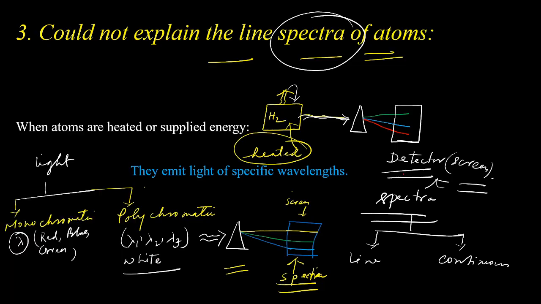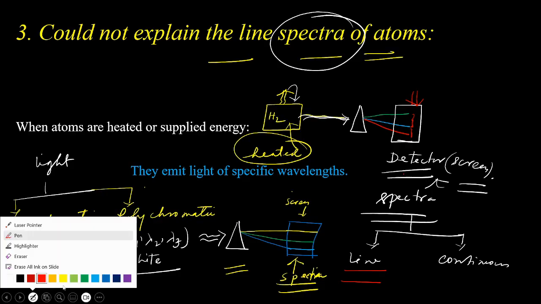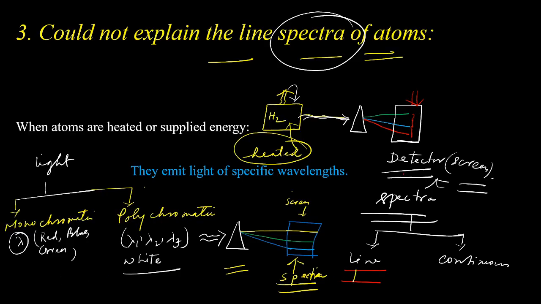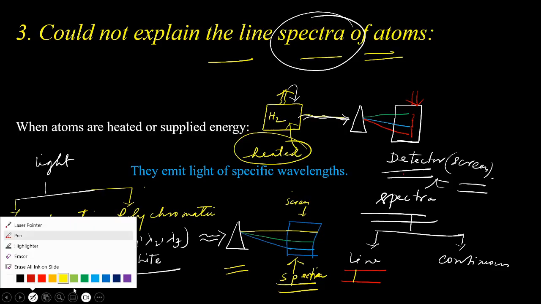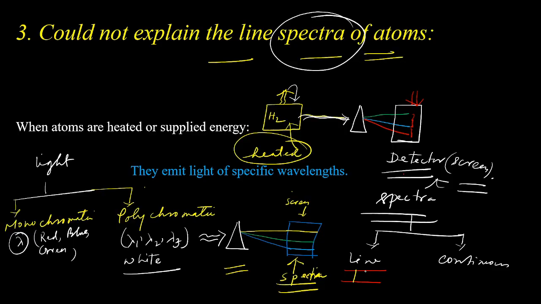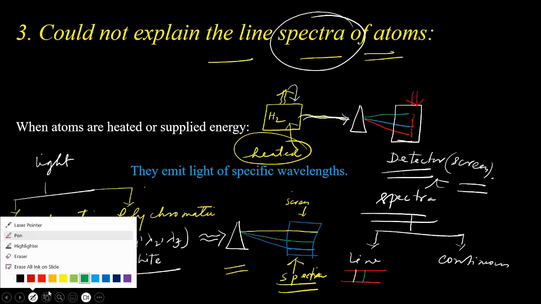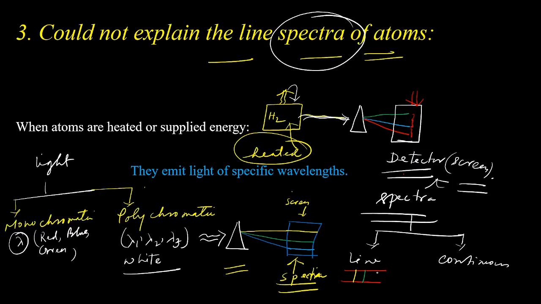Now what is a line spectra? Line spectra means all the lines are separated, right? Line spectra means the spectra where all the lines can be observed differently because they are separated. They are not overlapped like this.